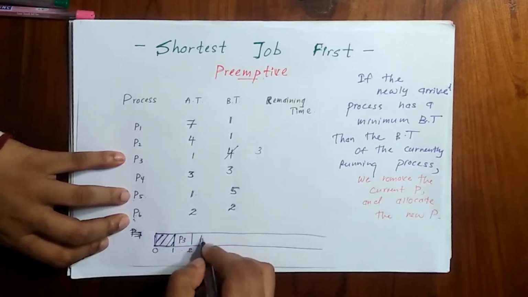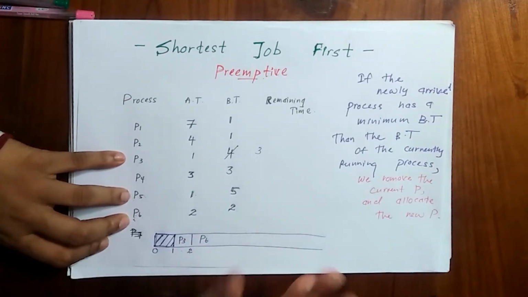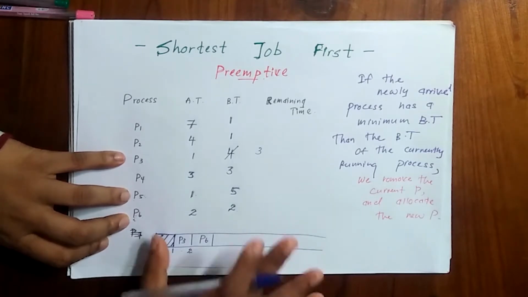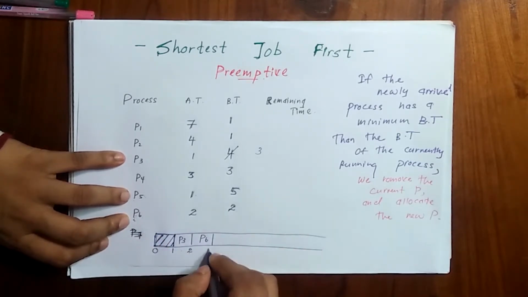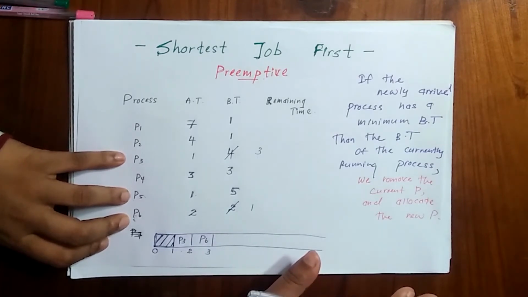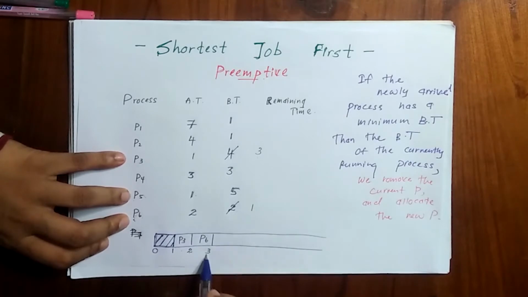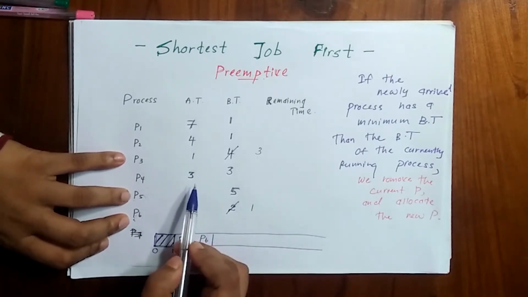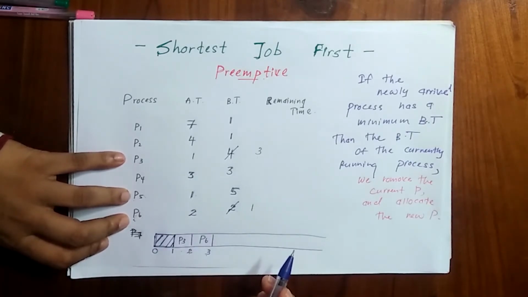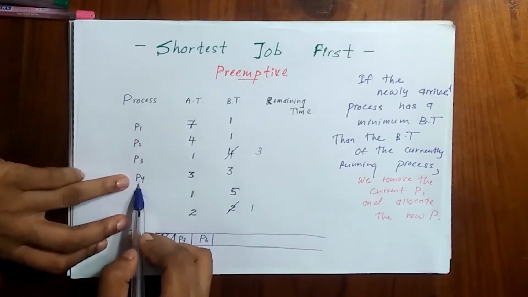So we write P6 here and we take only 1, with 1 remaining. Now within these 3 seconds you can see P4 also arrives.